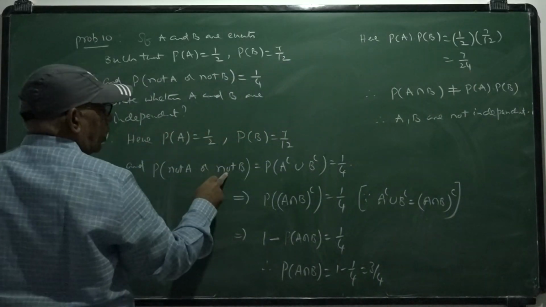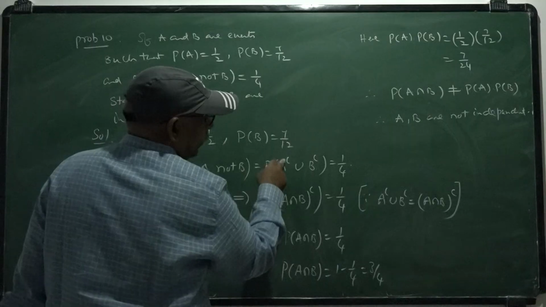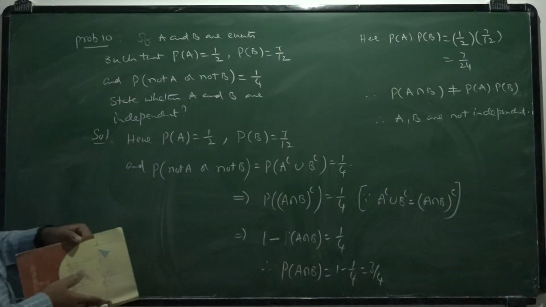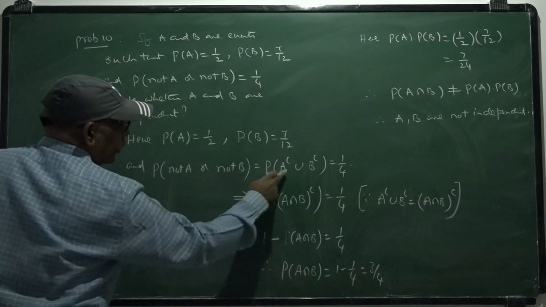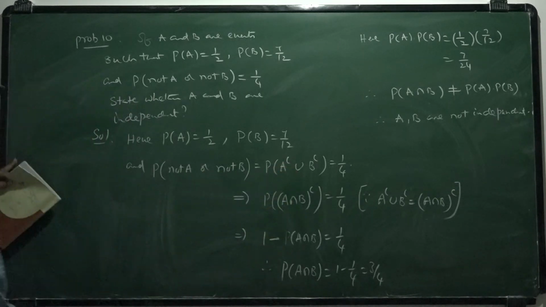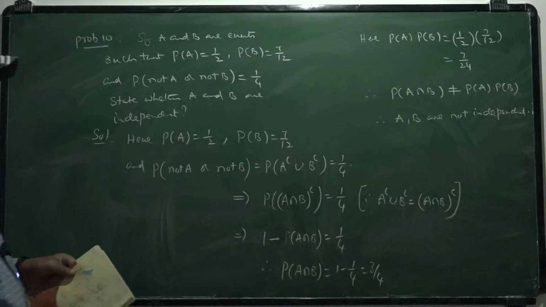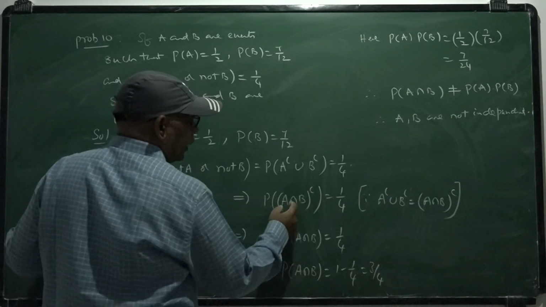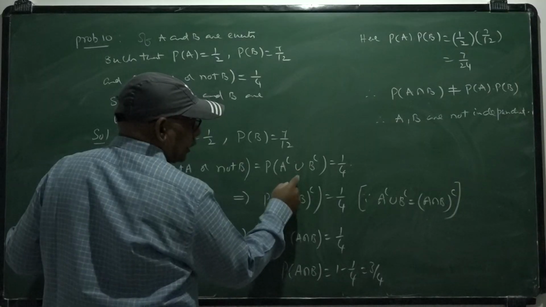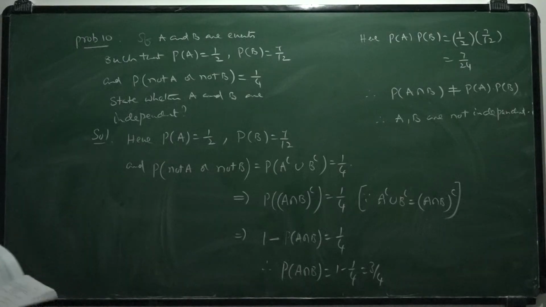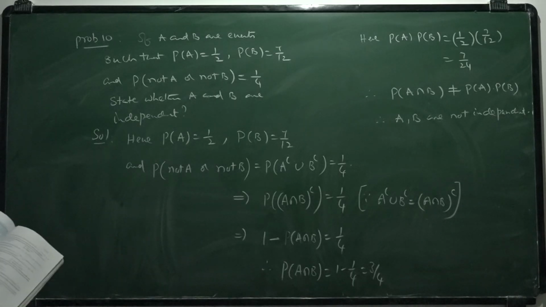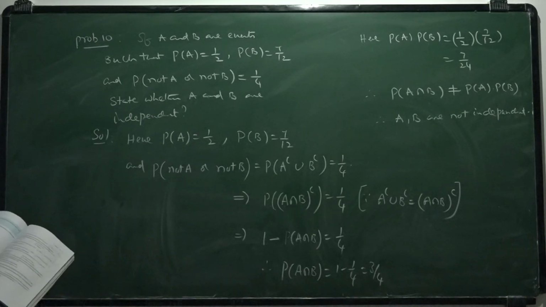Not A or not B stands for probability of A complement union B complement. In case of not A and not B, you have to take intersection here. In such case, once you take whole complement, it becomes union. So like that, you can take the other problems, 9th and 11th same.